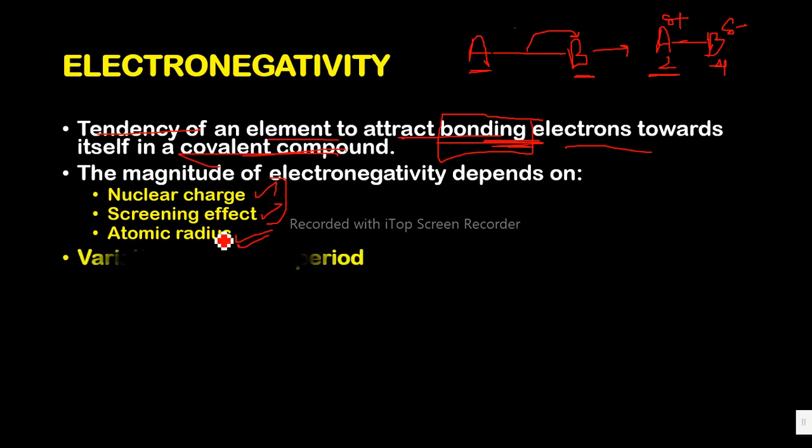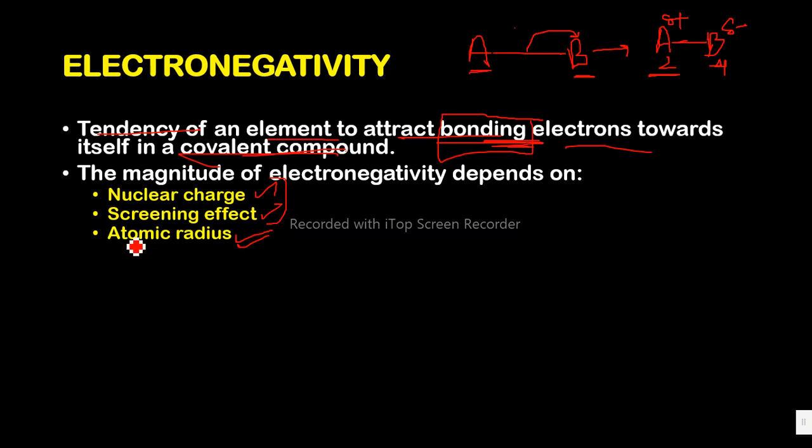Let's see how. If nuclear charge increases, then the attraction of the bonding electrons increases. If screening effect increases, then these bonding electrons will be poorly attracted.